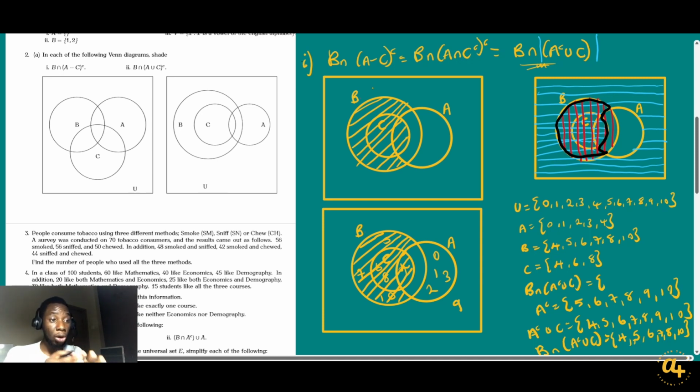And if we pay close attention, we'll see that this area that we have shaded here is basically the same as the area that we have shaded on our Venn diagram above here. That means that the area that we have shaded in our final Venn diagram above here represents the set B intersection A complement union C. Therefore, we have concluded and found the answers to all the parts on Roman numeral 1.